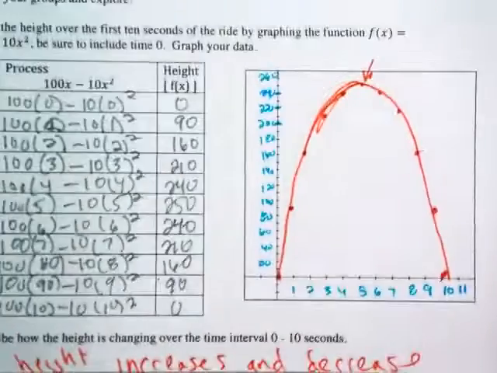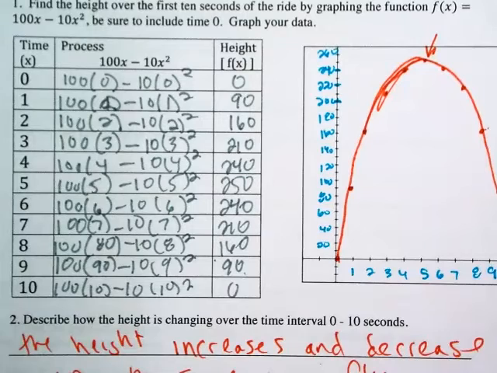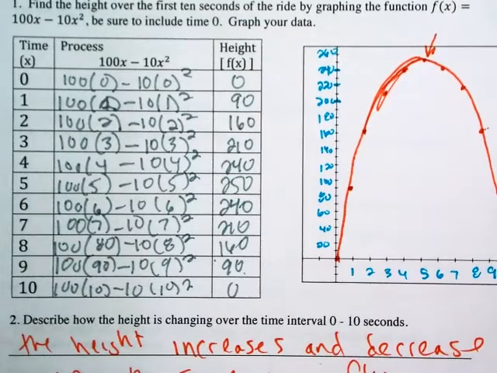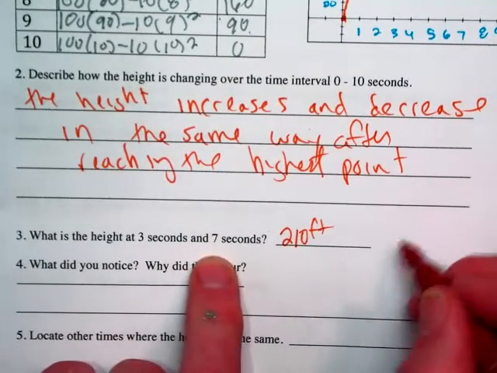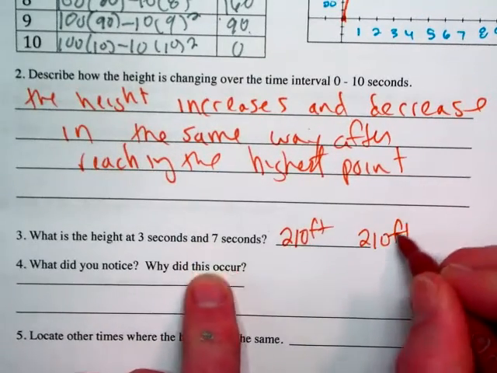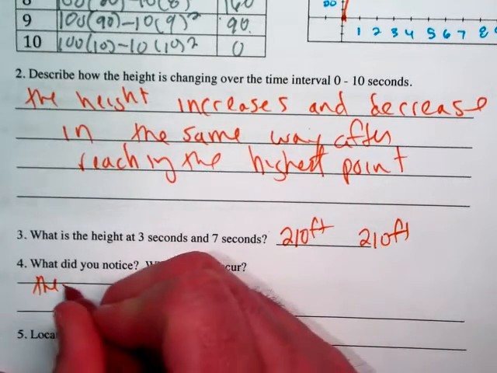So I can just go to my chart and say that it's 210 feet, and the other one is also, let me scroll down, and at 7 seconds, if I look at my chart, it's also 210 feet. Again, we noticed, obviously, they are the same height. Why did this occur?